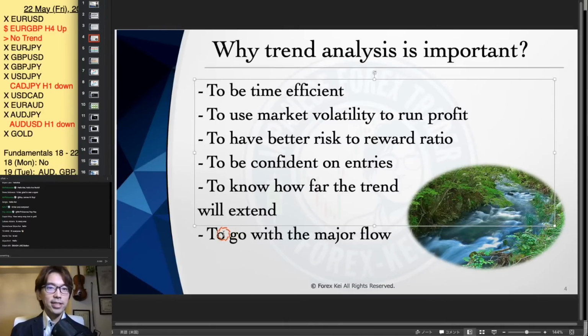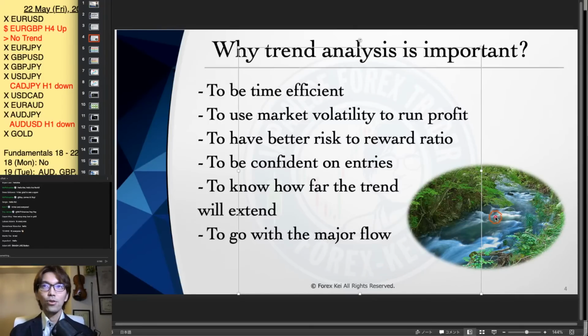Okay, and finally, to go with the flow, right? To go with the major flow. So we don't want to go against the wind, but we want to follow the wind, right? Follow the stream of the river, just like this picture shows here, right? We don't want to go against it, because if you try to go against it, we need more power, right?